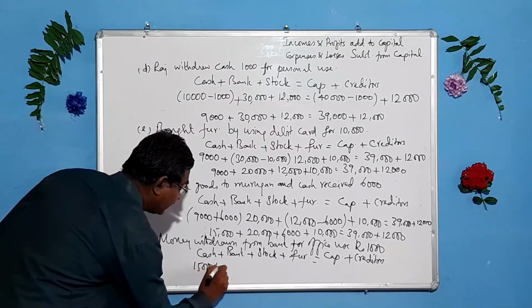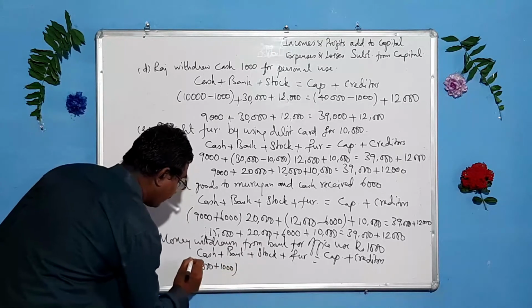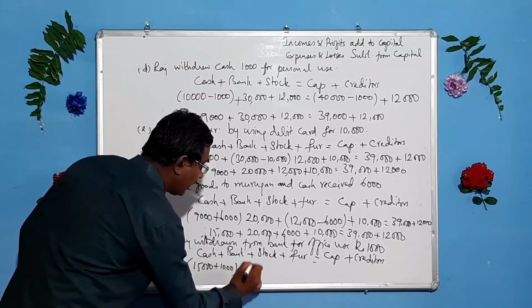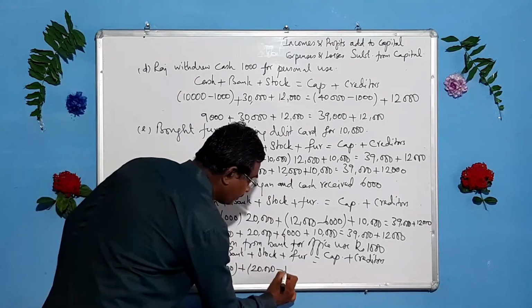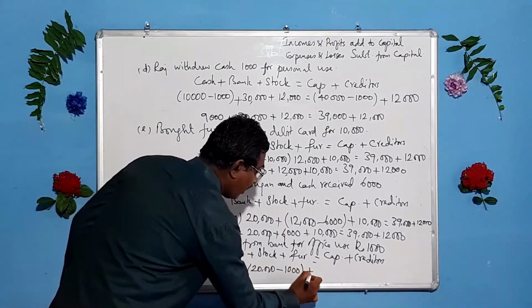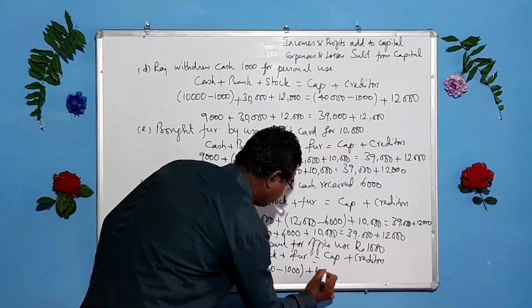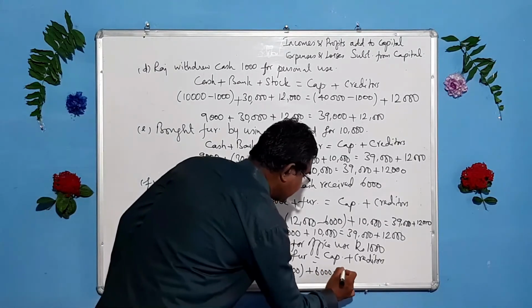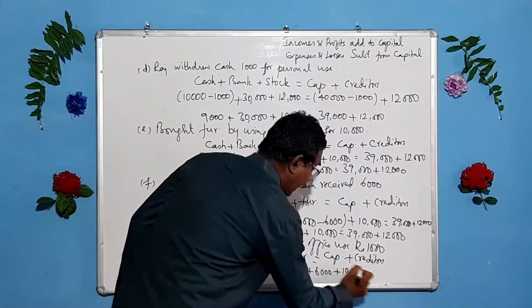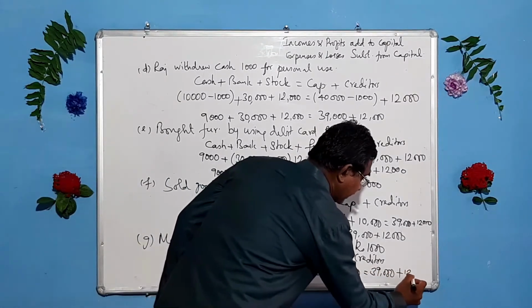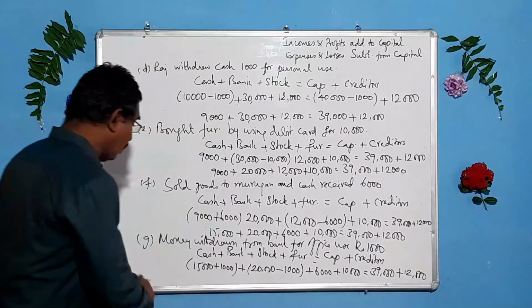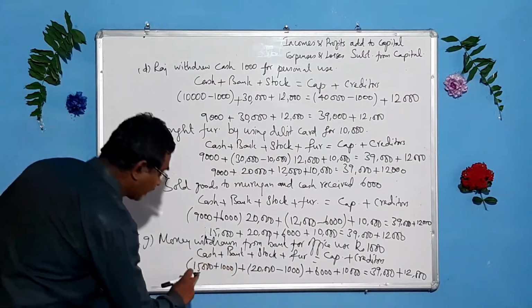We have to add that 1,000 withdrawn from the bank. Bank amount is 20,000, and that 1,000 should be subtracted. Stock remains the same 6,000, furniture remains the same 10,000, capital remains the same 39,000 and creditors remain the same 12,000.